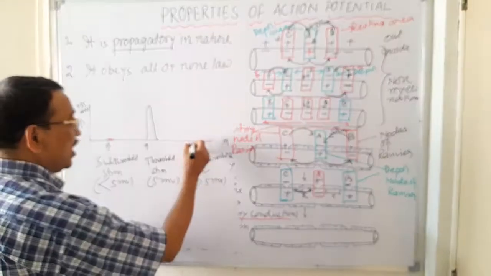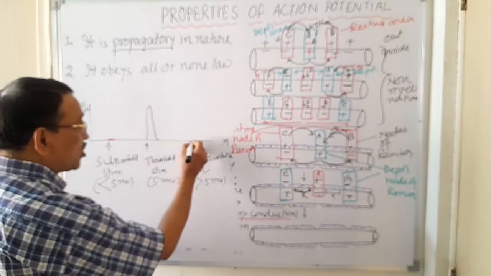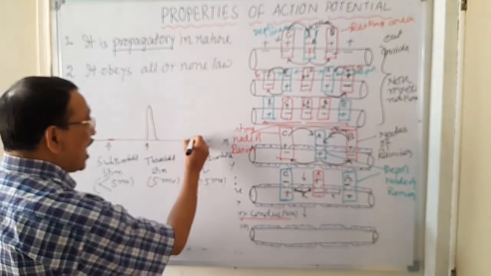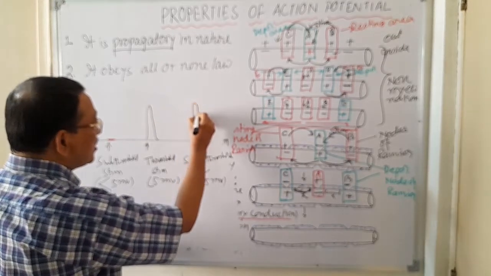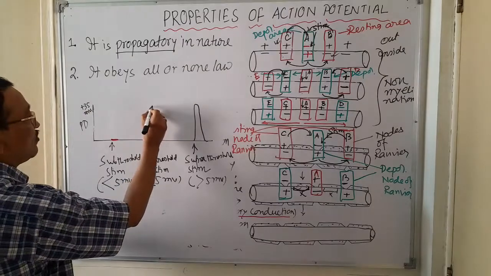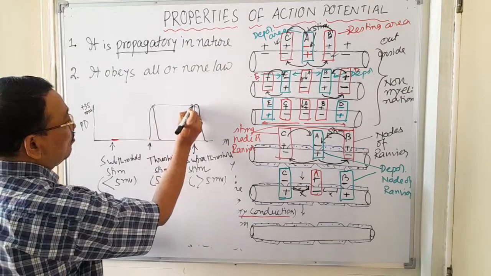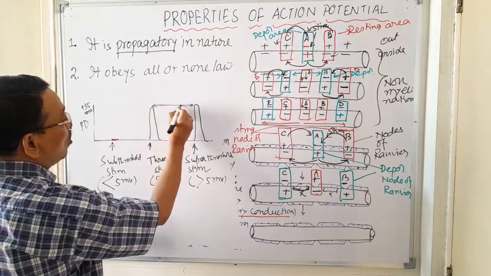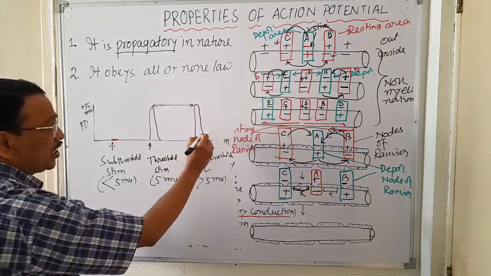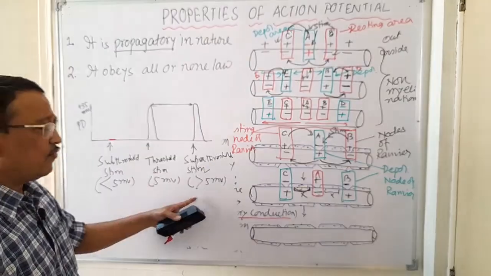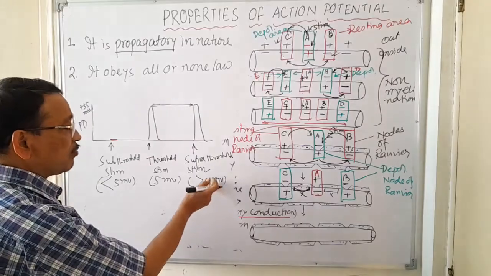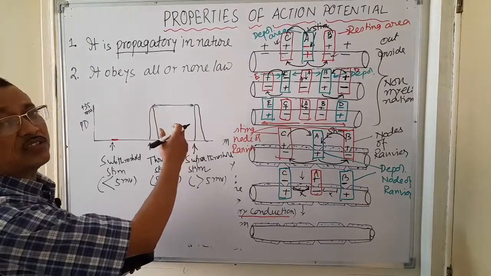Then what happens? The action potential will be generated, but that action potential will be similar to that of plus 35 millivolt. This will be the same. The height of the action potential will be the same. It will not be increased even if the intensity of the stimulus is increased.